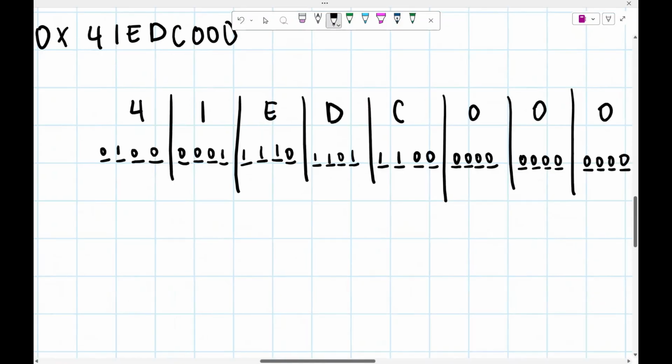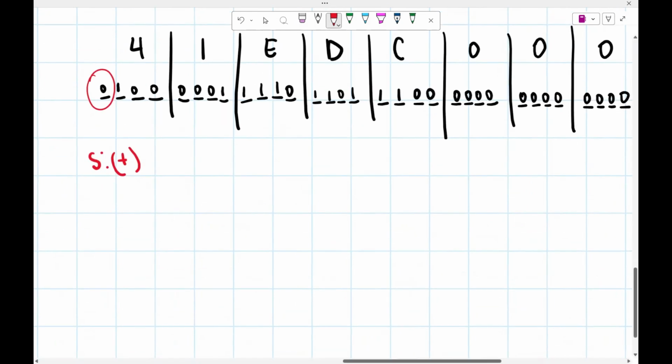All right. Our sign this time is 0, so therefore it's positive. Our exponent, let me just go ahead and rewrite that. That's our exponent.